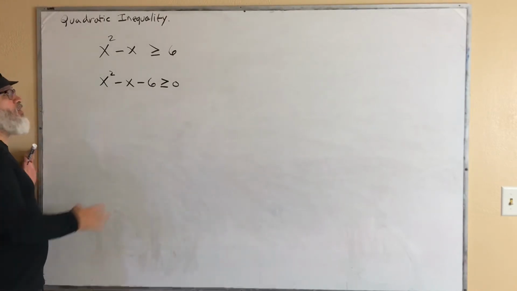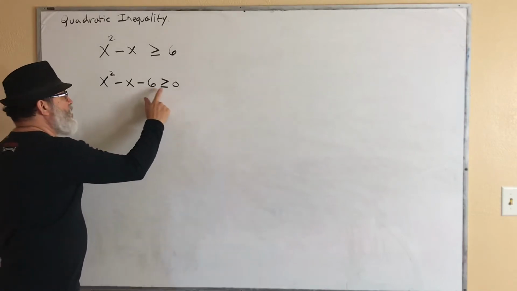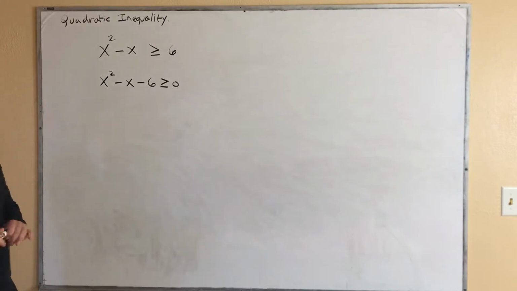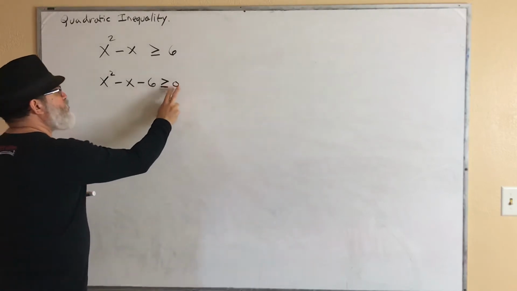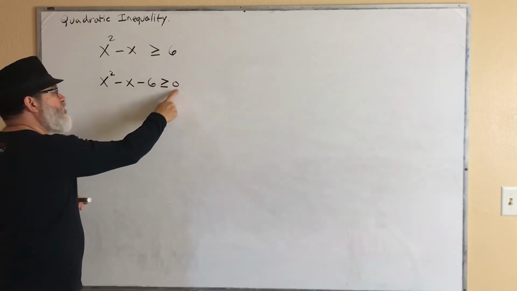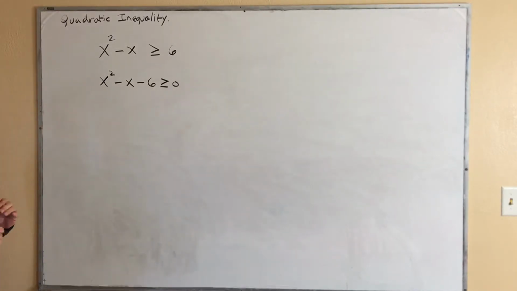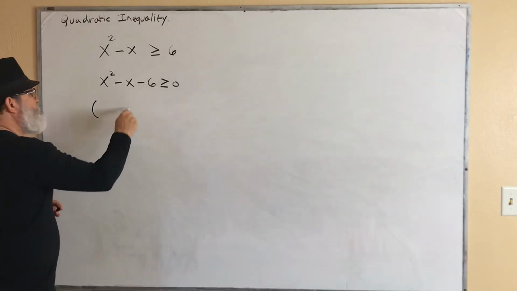All we want to find out is where this quadratic is greater than or equal to 0. Once you have one side equal to 0, then on the non-zero side, try to factor.